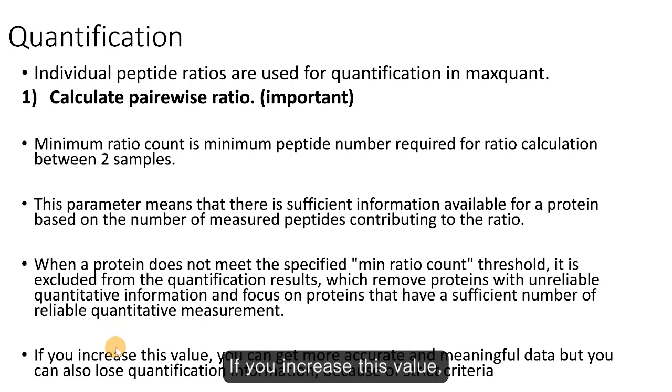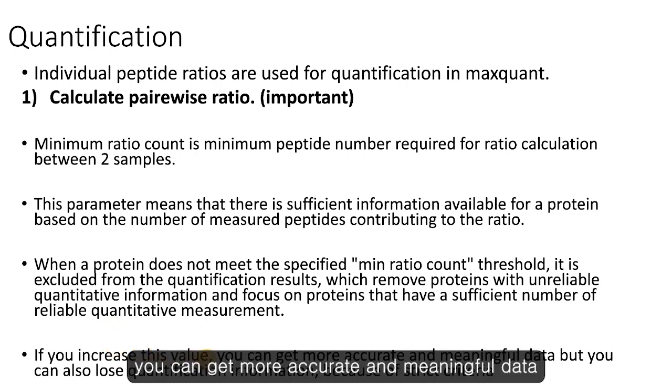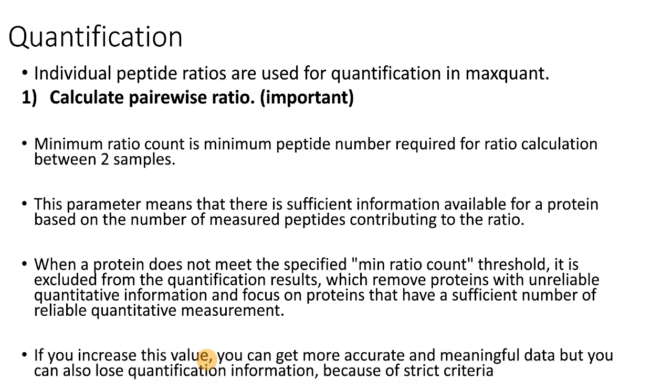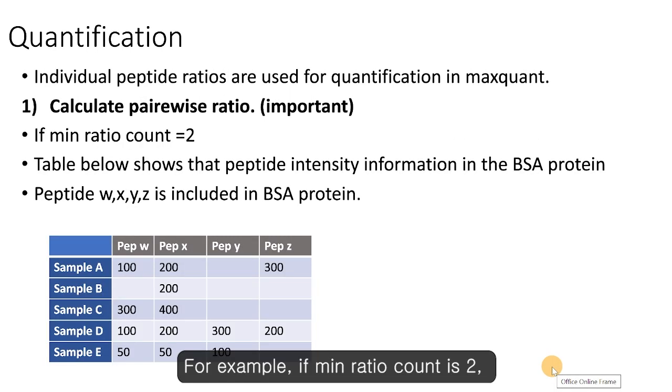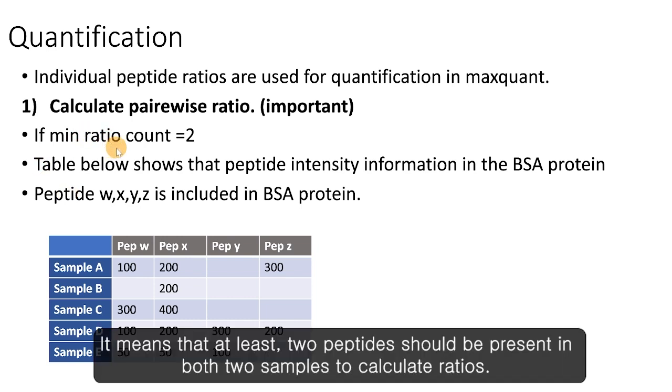If you increase this value, you can get more accurate and meaningful data. But you can also lose quantification information because of strict criteria. For example, if mean ratio count is 2, it means that at least 2 peptides should be present in both two samples to calculate ratios.